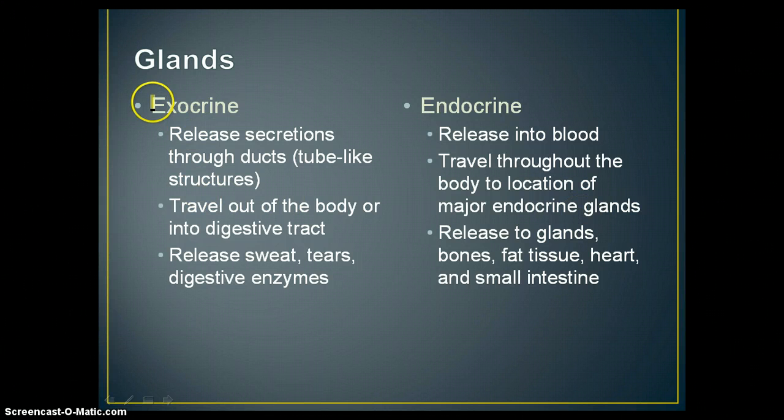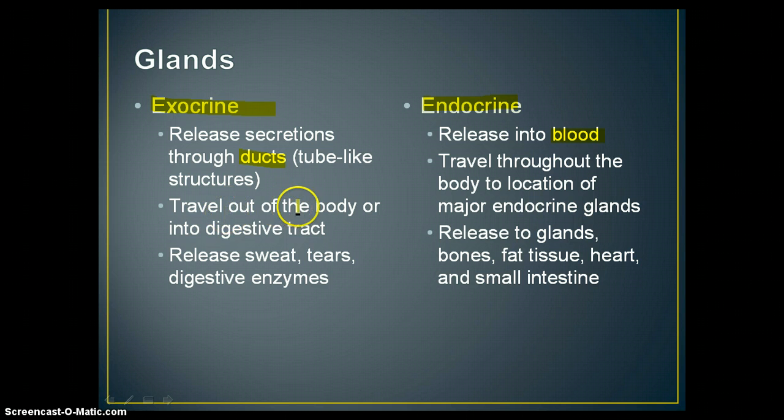Alright, now there are different types of glands. You have exocrine and endocrine. They're very similar, but I want you to know the key differences. Exocrine glands release secretions through ducts, tube-like structures, where endocrine glands release into the blood.